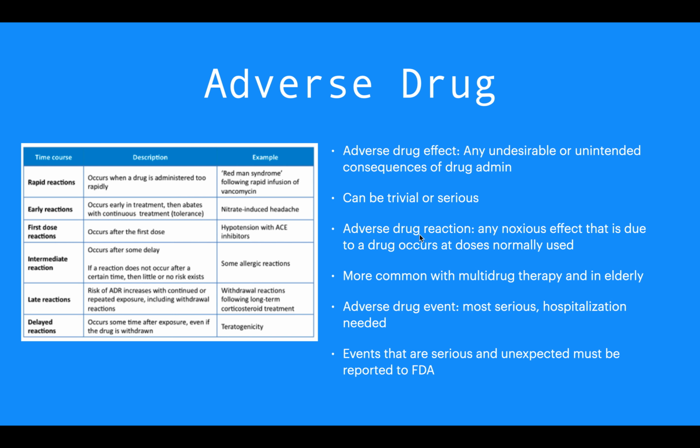It's more common in multi-drug therapy and in the elderly because they have a lower ability to metabolize and excrete the drugs. And an adverse drug event is the most serious because hospitalization is needed. Events have to be reported to the FDA.